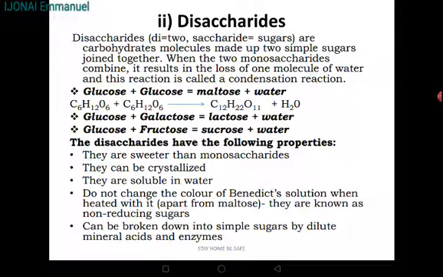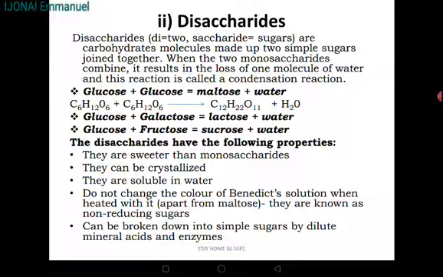Glucose is a monosaccharide, galactose is another monosaccharide, to give us lactose and water. Lactose is a disaccharide. Two monosaccharides combine to form one disaccharide. Then we have glucose and fructose to produce sucrose. Sucrose is another disaccharide from glucose and fructose, which are monosaccharides.